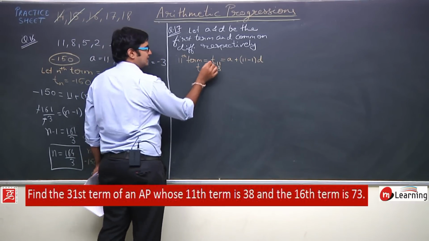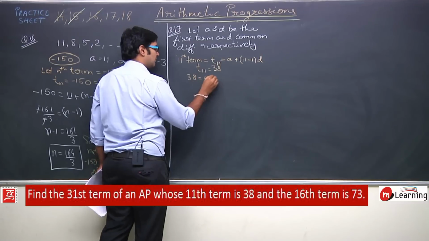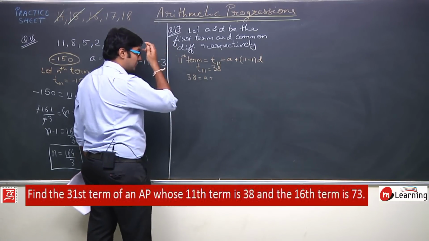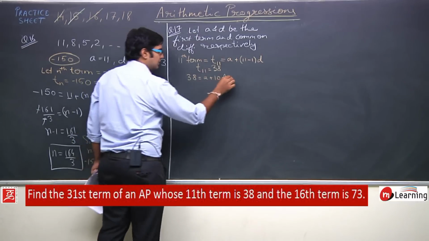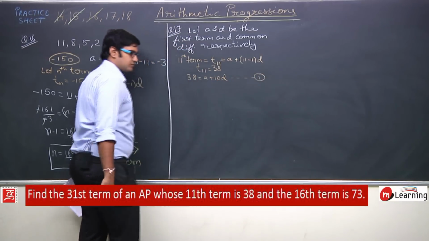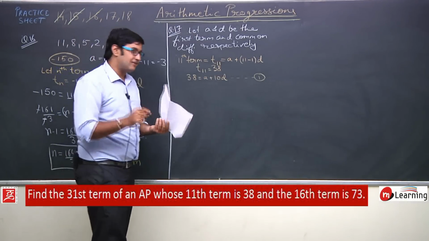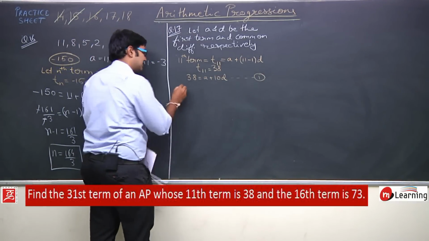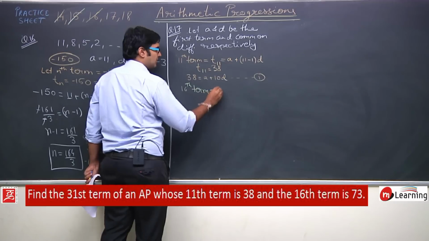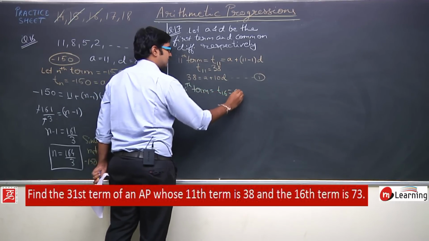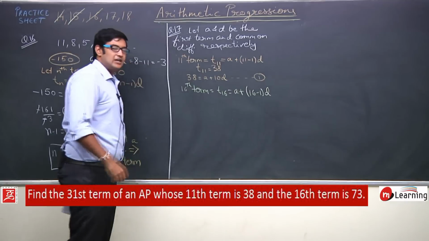So you can see, relating these two, I can write 38 is equal to A plus 11 minus 1, which is 10, A plus 10D. Okay, and let us say this is the first equation. Secondly, it is given that the 16th term is 73. So the 16th term, that is T16, means A plus 16 minus 1 into D, using the formula for the general term of an AP.